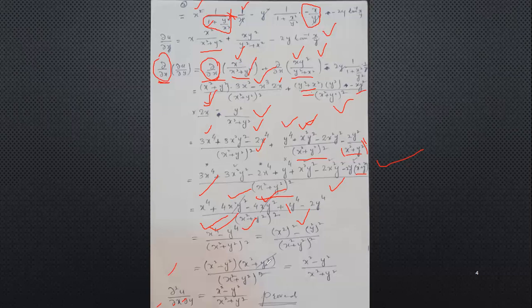So this term x square plus y square in the numerator and denominator cancels. After that we get x square minus y square divide x square plus y square, which we have proved is the second derivative of u with respect to y, then x, equal to x square minus y square divide x square plus y square.